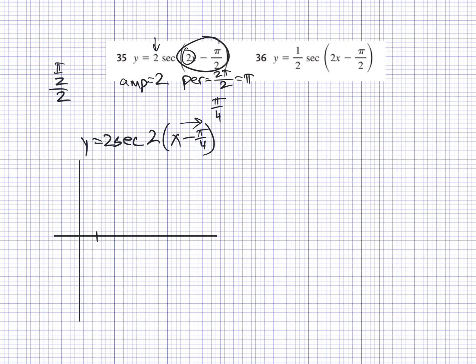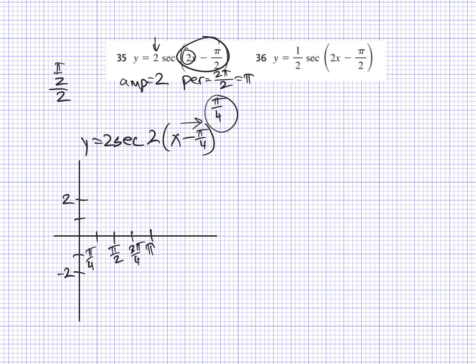So we're going to start at pi over 4. And our amplitude is 2. And from pi over 4, we need to increase every pi over 4. So 2 pi over 4 is pi over 2. Then we get 3 pi over 4. And then 4 pi over 4, which is pi.